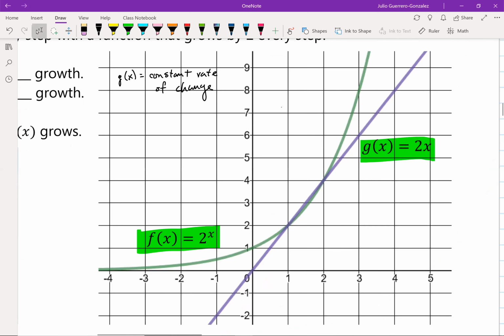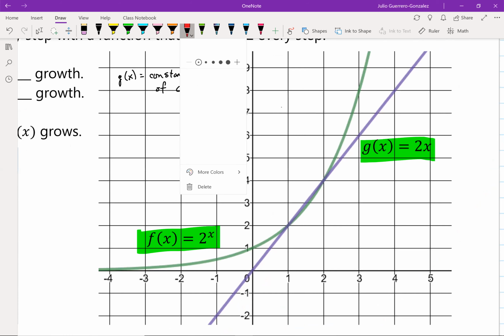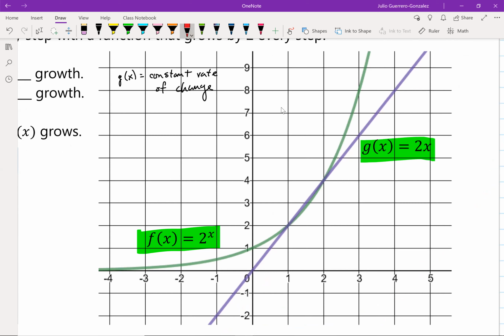And hence the reason why we have the thing called the slope. So for linear growth, it goes up to over 1. You guys see that? It goes up to over 1. That's what defines our linear growth.